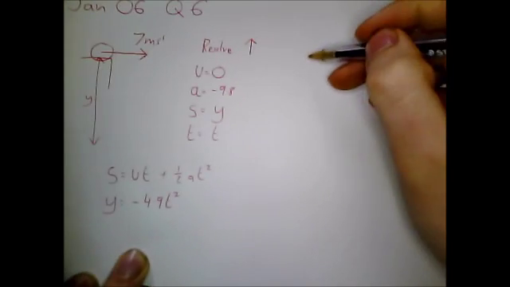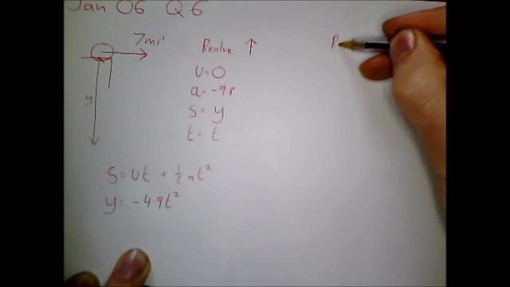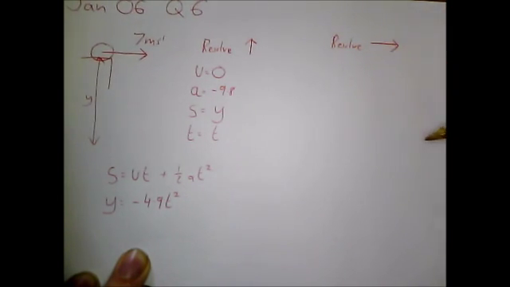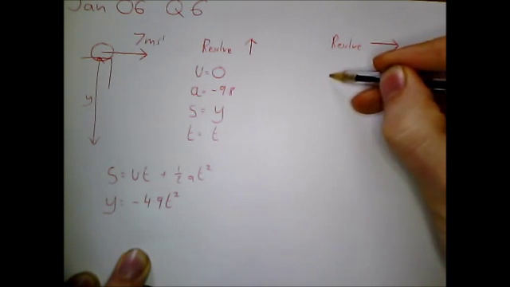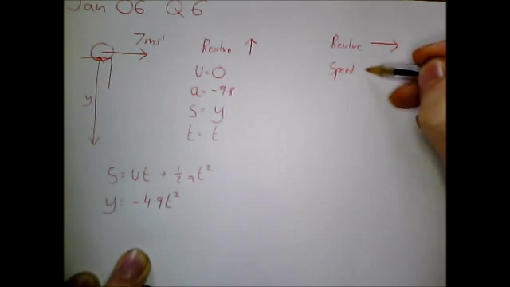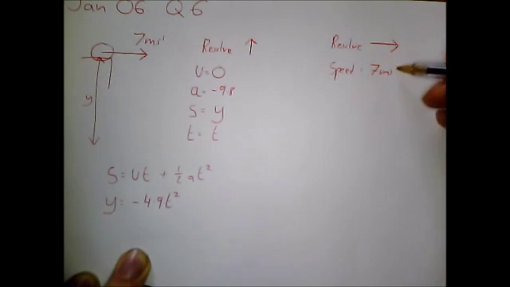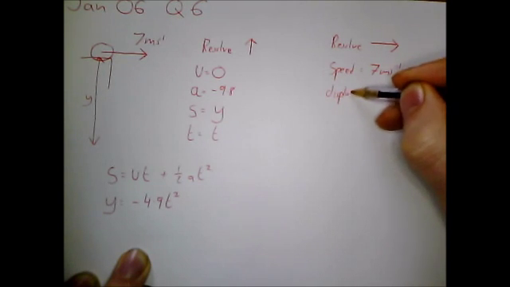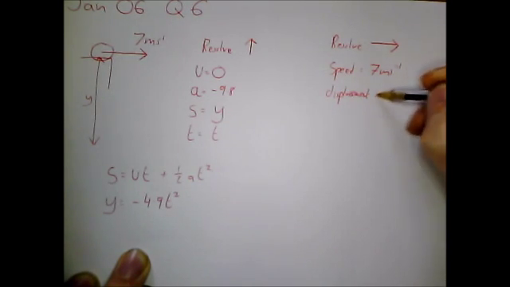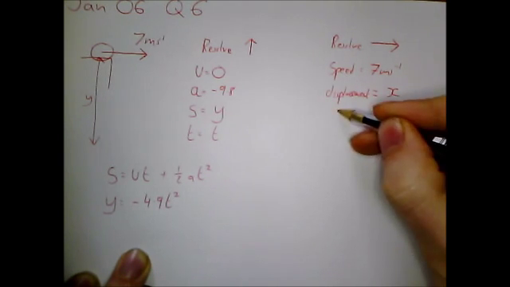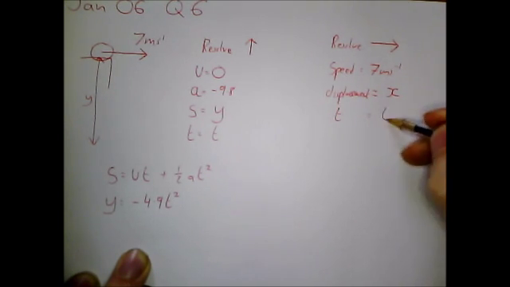Now if we resolve horizontally, we know the speed is 7 meters per second. Our displacement is x, our x displacement, and time equals t.